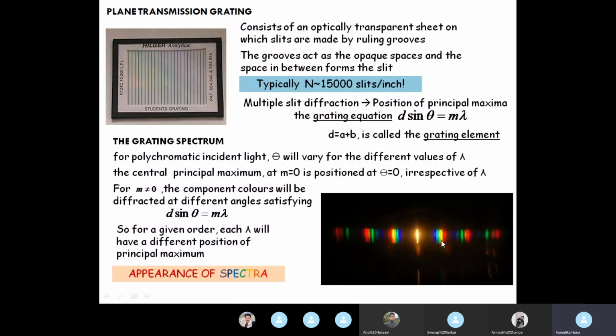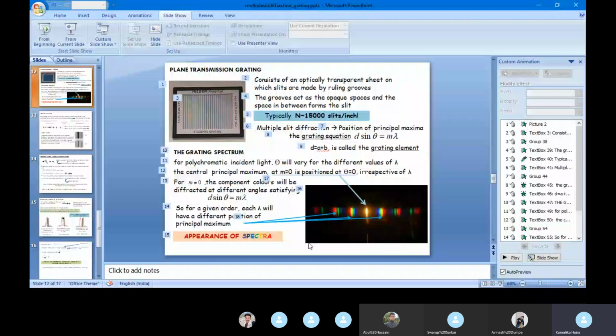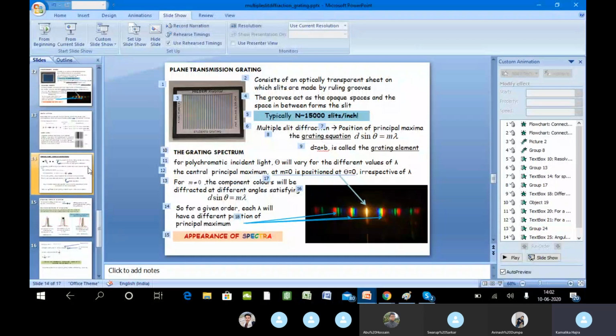They are separated for a higher order. They are more separated for an even higher order. So for a given setup, the spectral lines will be more widely spaced when you go to a higher order. Okay.